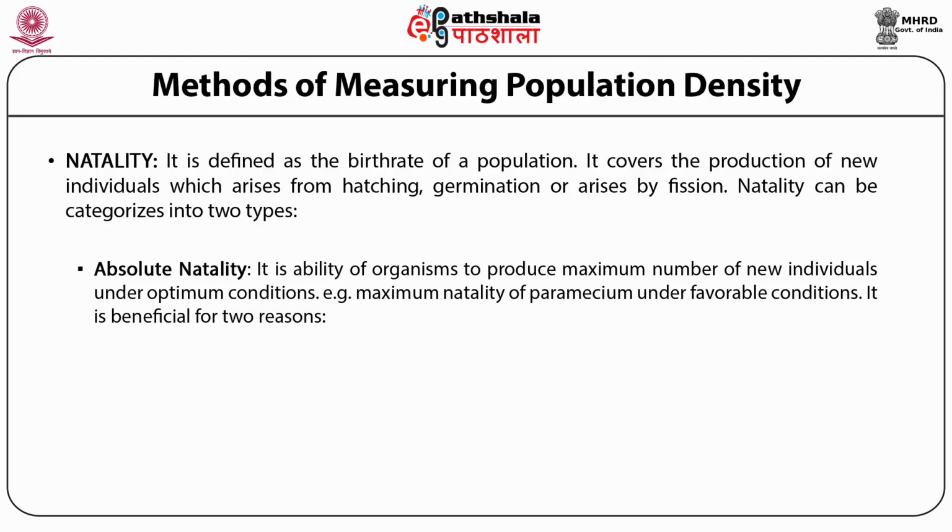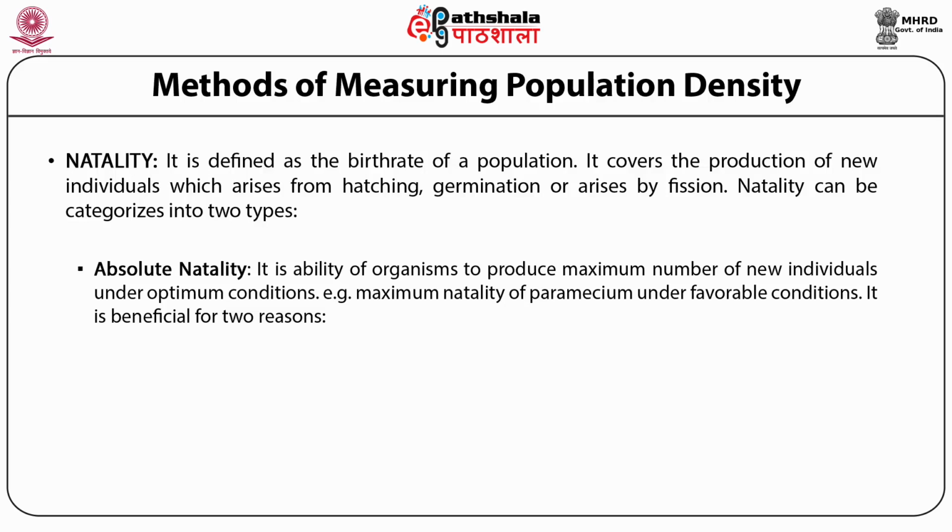The absolute or physiological natality is very difficult to achieve in a wild population, but it can be observed only under favorable conditions or when major limiting factors are temporarily non-operative. For example, if a small number of paramecia is placed in a culture medium, under favorable conditions they achieve maximum natality by multiplying at the maximum reproductive rate.